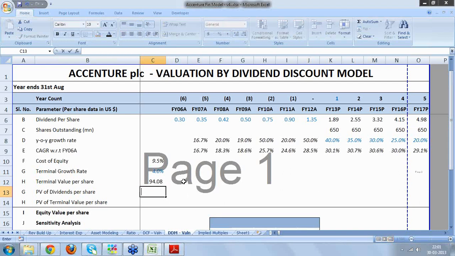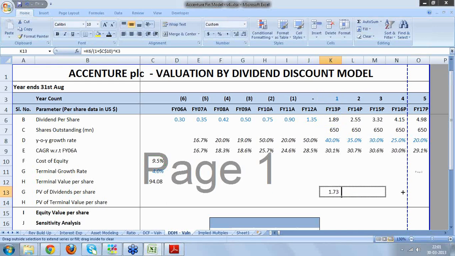So the present value is dividend per share divided by 1 plus discount rate raised to the power year number, F4, and I drag this.